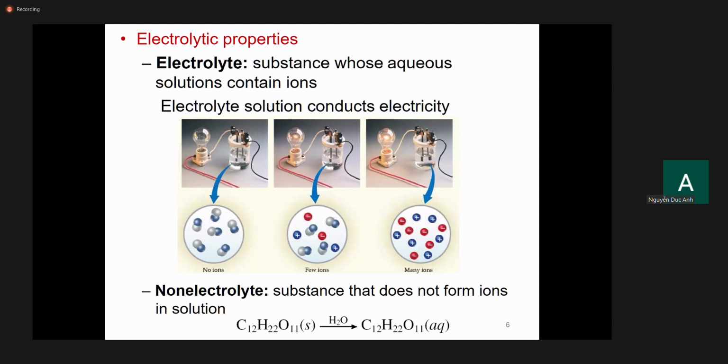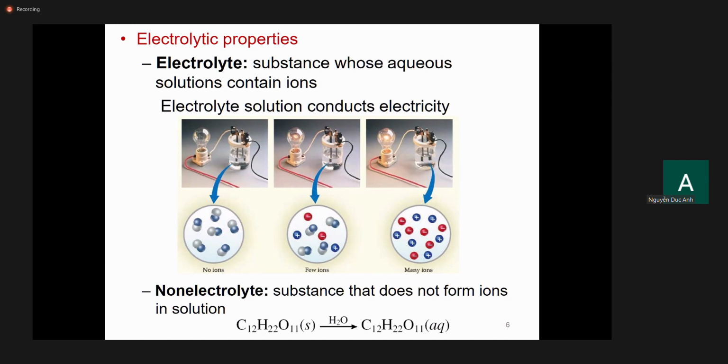One property of the solution. Of course, a solution has a lot of properties, but one property that is quite interesting and important is the electrolytic property. Electrolytic property means that when the substance dissolves in the solution, it will generate ions.